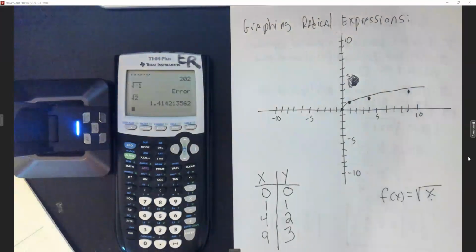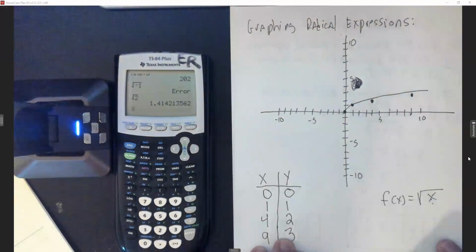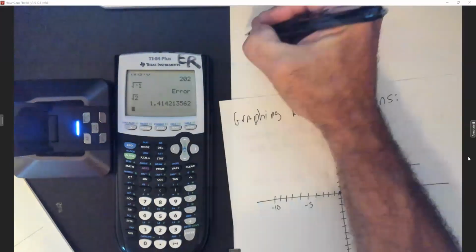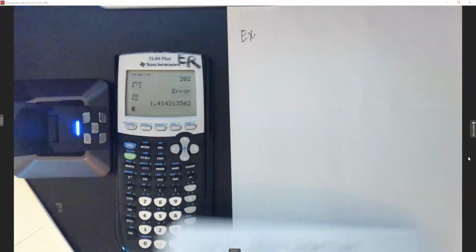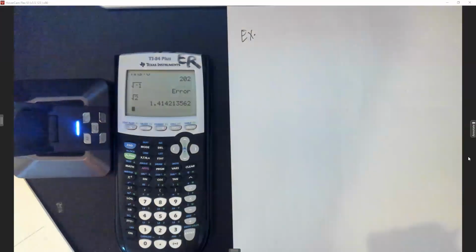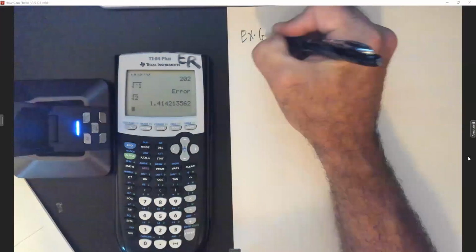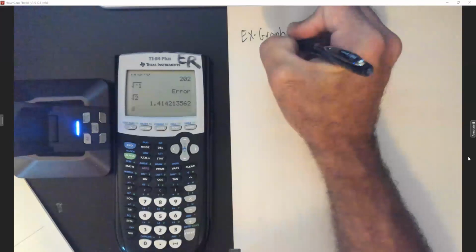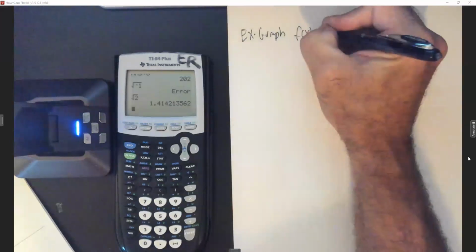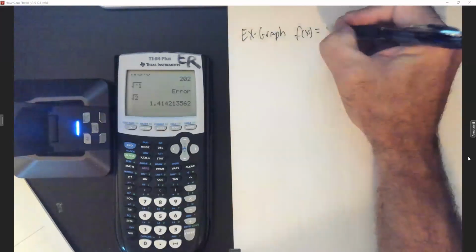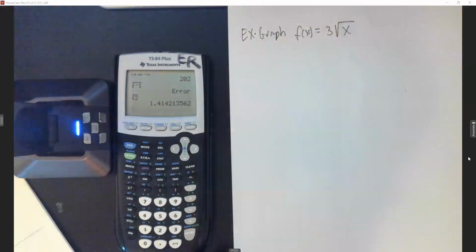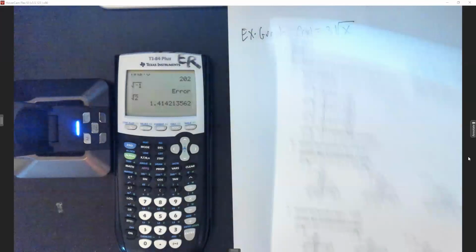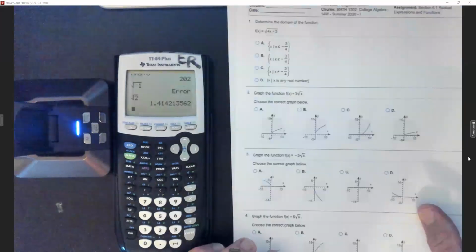So what's going to happen, we're going to graph some of those that get moved around just a little bit. So we're going to graph first f of x equals 3 times the square root of x. Now, y'all, watch this. On the homework, they're going to give you problems like this.